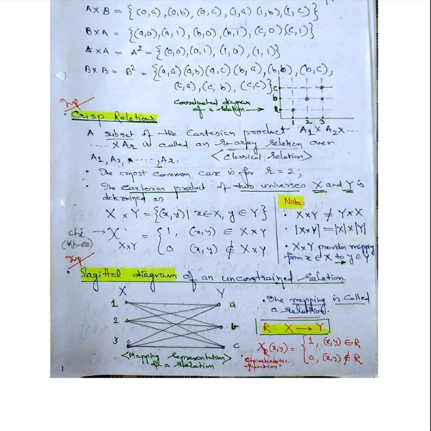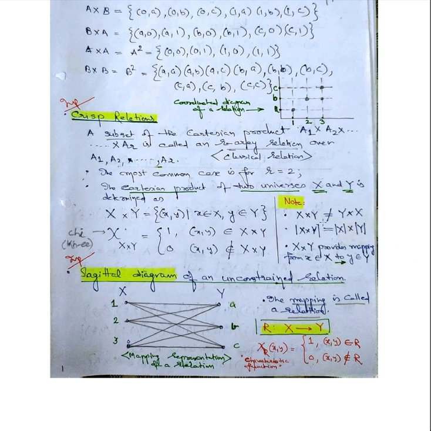So that's how the mapping conditions between the two sets are determined. Now one thing you have to note is that the equation shown here is the Cartesian product of two universes.